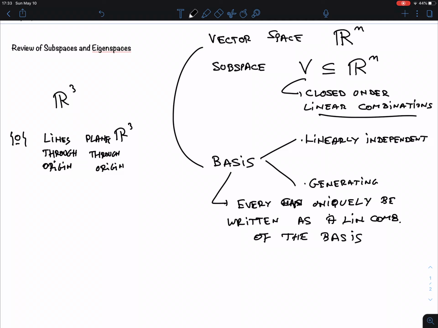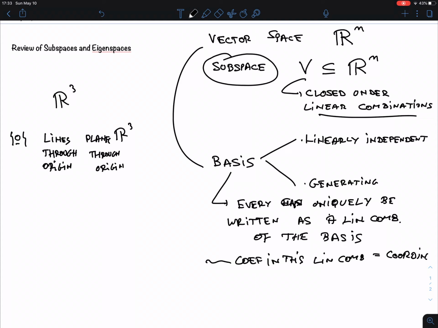That's what a basis is, that every vector can be written in a unique way as a linear combination. And then the coefficients of this linear combination, that's what we call the coordinates of a vector. So bases were very interesting to study vector spaces, but subspaces are themselves vector spaces.